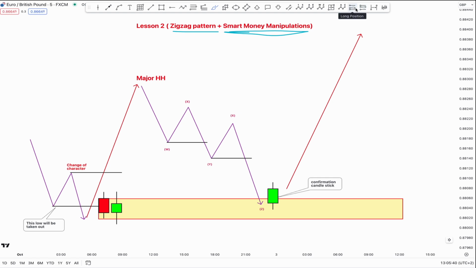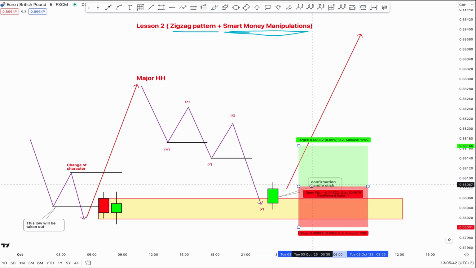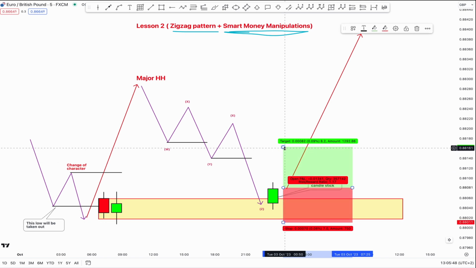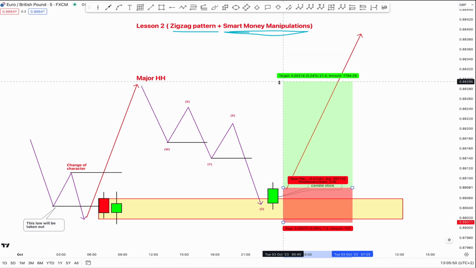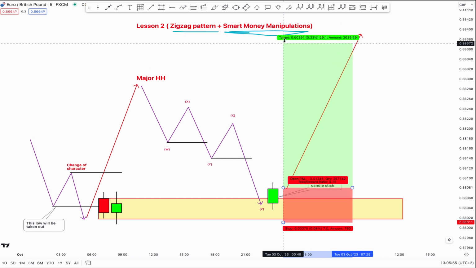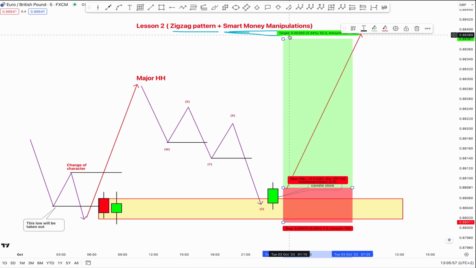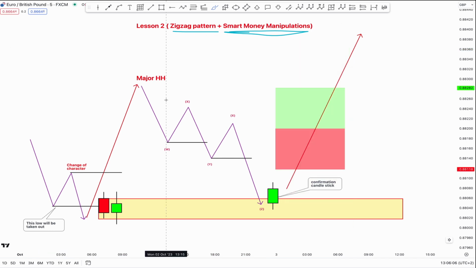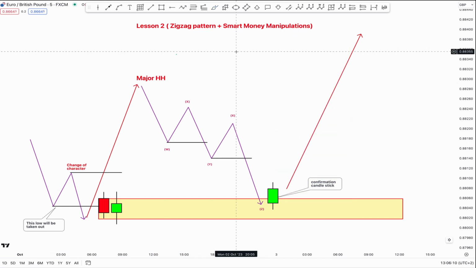So all in all, you will do something like this. You will enter the market here, put your stop loss below with added spread size, and target this area here. And sometimes you can even target other previous highs from this side of the market. It's pretty much simple to understand, guys. So let me show you a complete structure of this trading strategy before we move on.